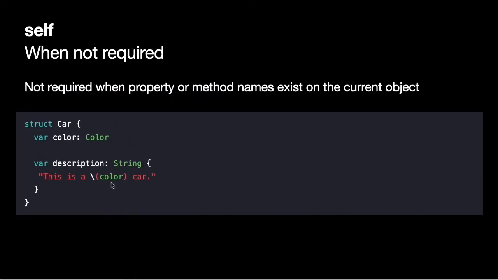It's not always required. In this case, we don't need self.color because when we use the identifier color, there's only one possible instance that it could be, the property for the structure itself, or the property for this particular instance of the structure.